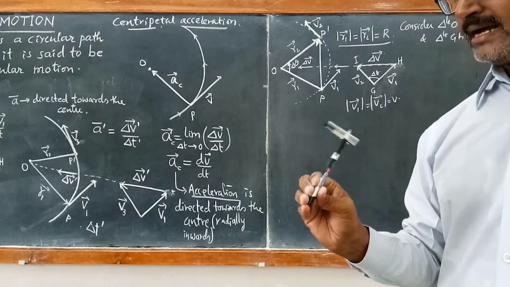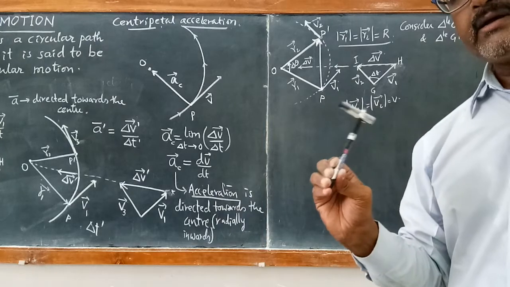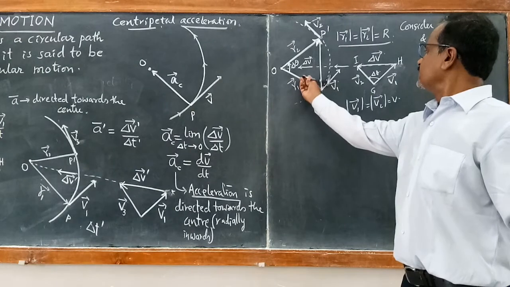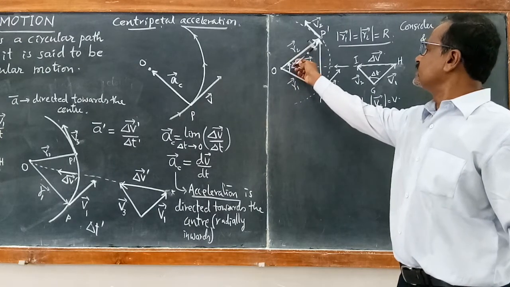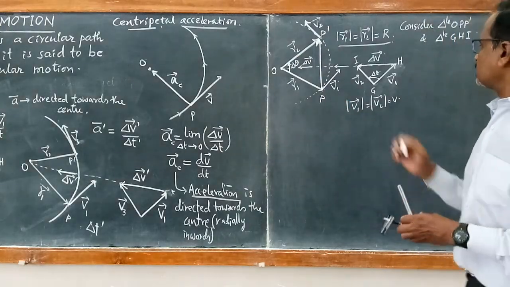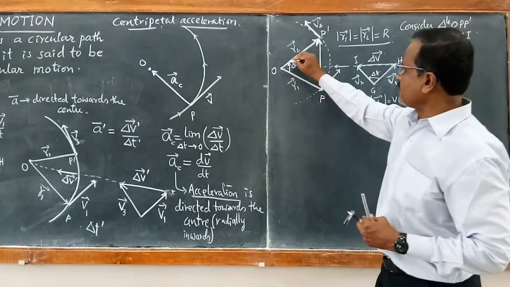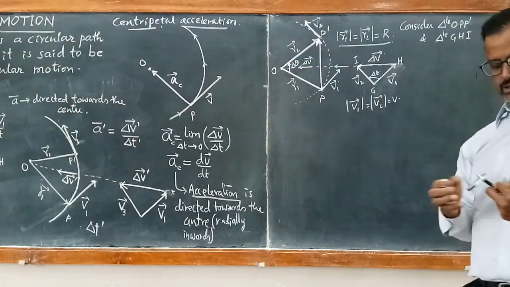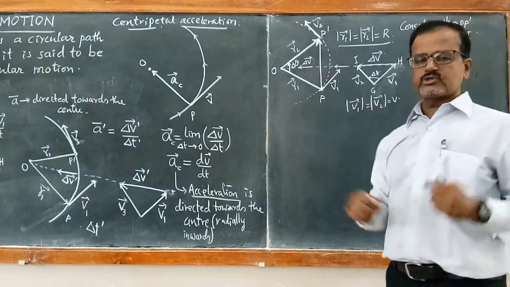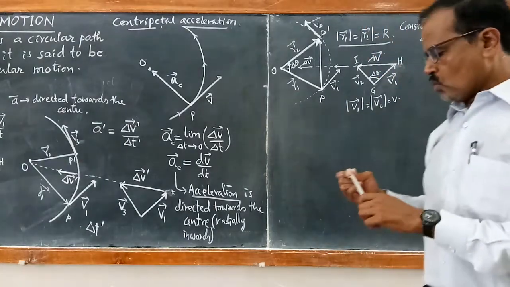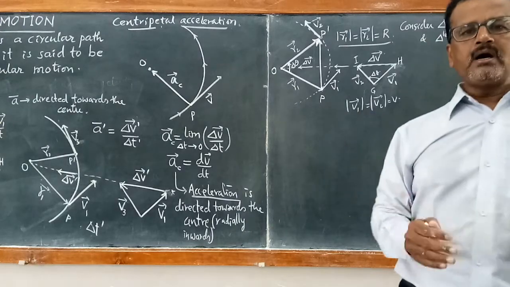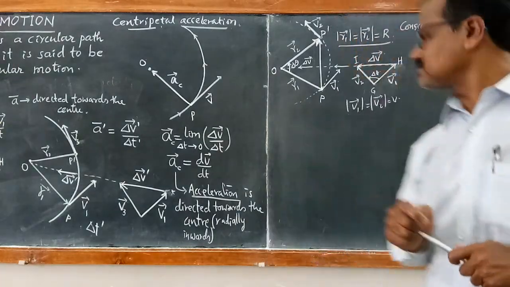So by whatever angle the radius turns, by the same angle the tangent also turns. If it is turned by, let us say, 60 degrees or any angle delta theta, the velocity vector v1 is also turned by the same angle delta theta. So this angle, if it is delta theta, this is also the same angle delta theta. So in this way these are forming isosceles triangles. So OPP dash and GHI form a pair of isosceles triangles.